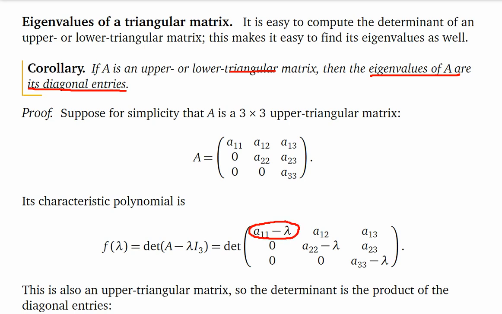If I expand down the first column, I have A11 minus lambda times the determinant of this 2 by 2 matrix, which is AD minus BC. C is 0. So I end up with a polynomial where all the factors are just the 3 eigenvalues. So in a triangular matrix, the diagonal entries are the eigenvalues.